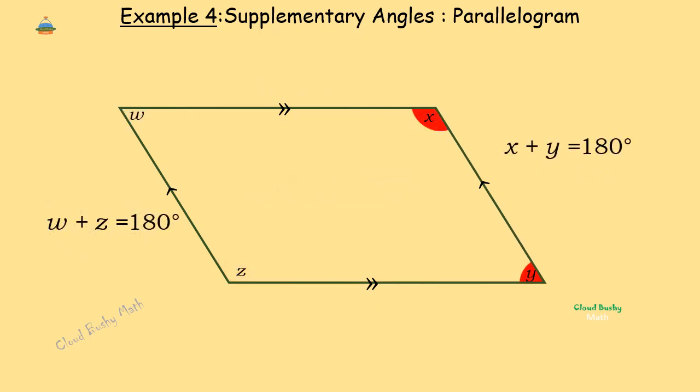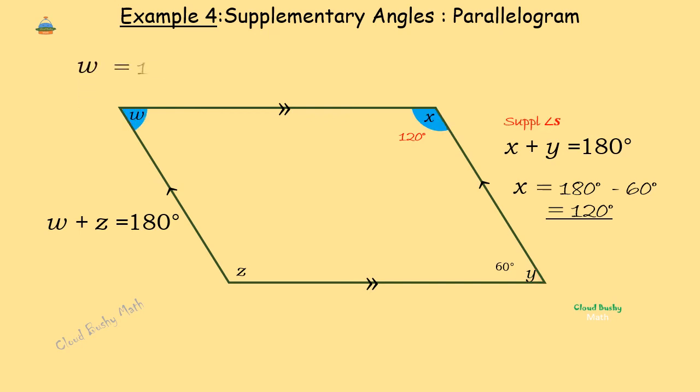Let's put some real numbers in the parallelogram. Suppose Y is equal to 60 degrees. It means X is 180 minus 60, that is 120 degrees. These are consecutive angles in a parallelogram, so they are supplementary.